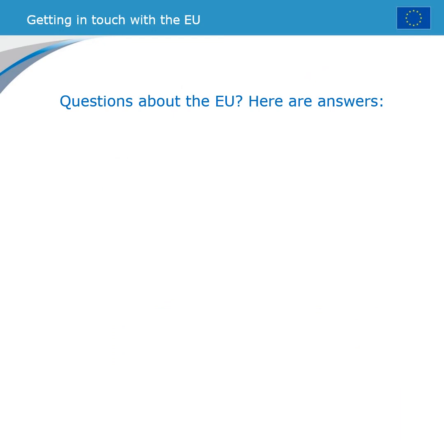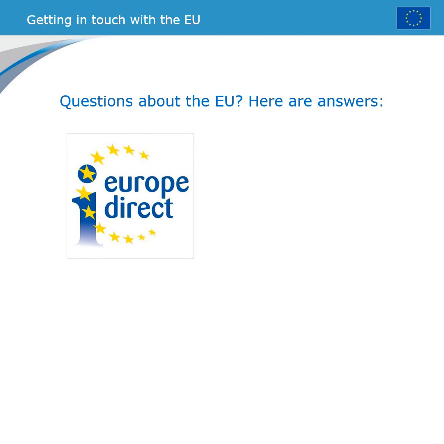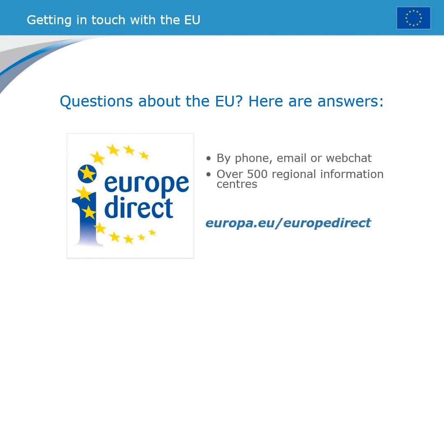So, questions about the European Union. You can do this. Europe Direct is a huge information system. You can use it by phone, by email, by web chat. It's online, of course. It has 500 regional information centers.